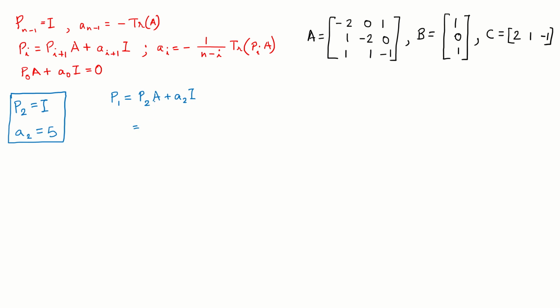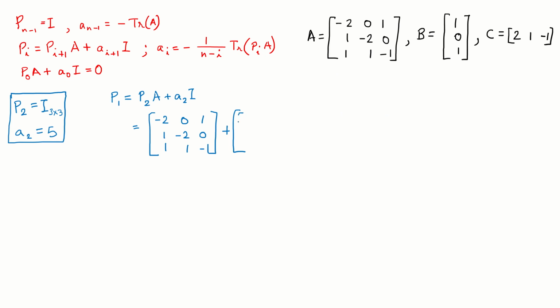P2 is I only, so P2 A is A, and A we will write down: minus 2, 0, 1, 1 minus 2, 0, 1, 1 minus 1, plus 5 into I. And this I is of order 3, 3 cross 3, because these matrices should be third order: the state matrix A is third order, so its adjoint is also third order.